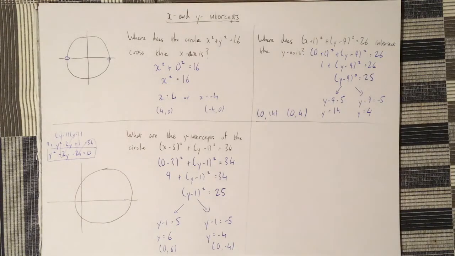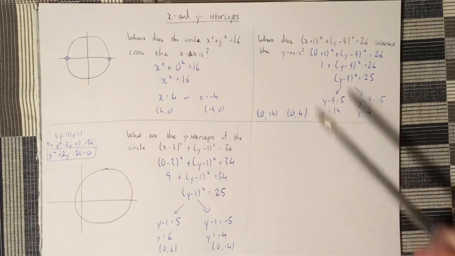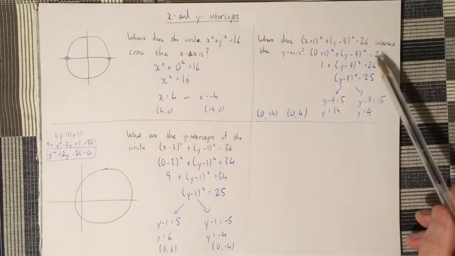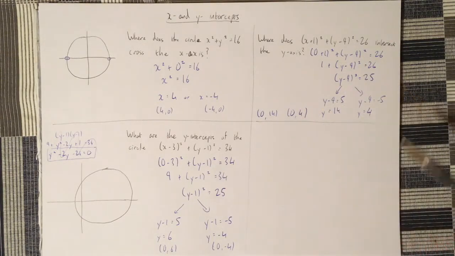All right. Common enough question as well, just to touch on it here. You get asked on the circle, is sketching the circle. So I'll just do it roughly here. You obviously have to do it properly in the exam. So if you were asked to sketch this circle, what information do you need to sketch a circle? You need the center and the radius, or you need the center and 1 point on the circle.